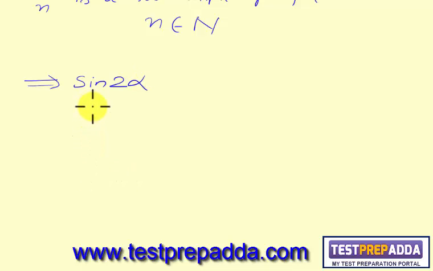In the previous session, we have learnt about sine A plus B. So if I write sine 2 alpha as sine alpha plus alpha, then we can use that formula. And what is that formula?